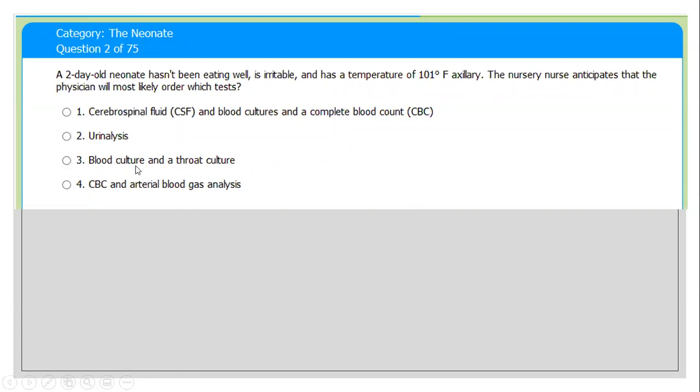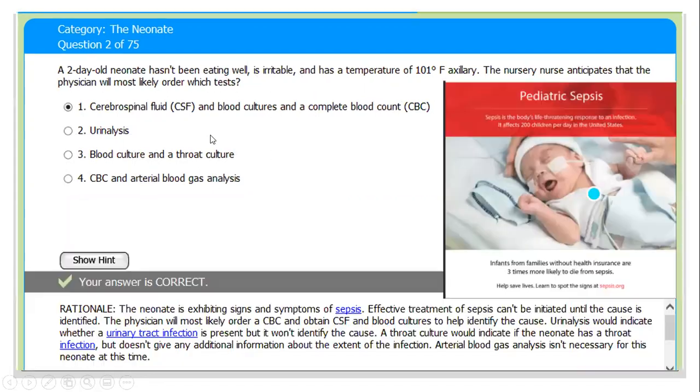Blood culture and throat culture: blood culture is okay, but it is very early to go for a throat culture, because the patient has a fever, is not eating, and is irritable. Urinalysis is important, but most important are CBC, blood culture, and cerebrospinal fluid analysis. So the correct answer is number one.